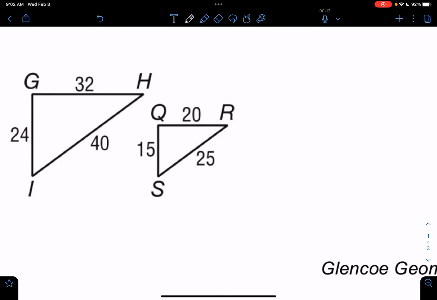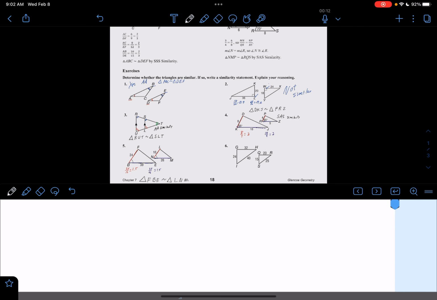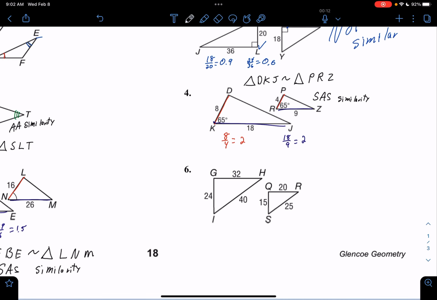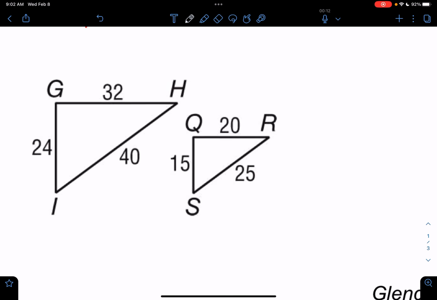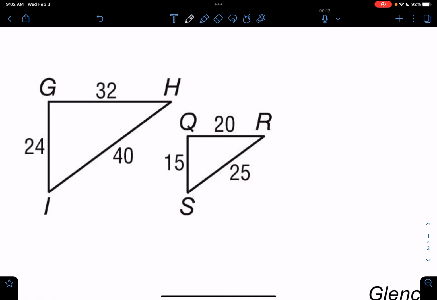Let's see. Okay, here we go. This time I don't see any angles being marked. So all I have are the three sides. Do they hold? Well, let's see if they hold.